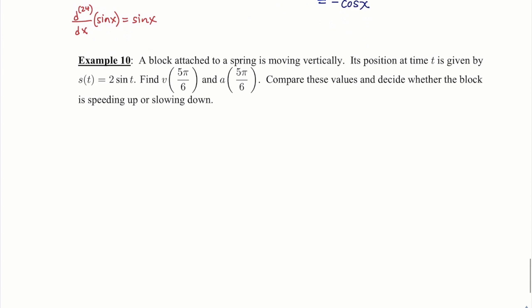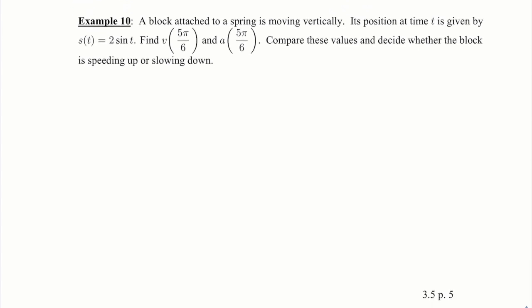All right, then example 10 says a block attached to a spring is moving vertically. Its position at time t is given by s of t equals 2 sine t, and we want to find the velocity and acceleration when t equals 5 pi over 6, and then compare the values and decide whether the block is speeding up or slowing down.